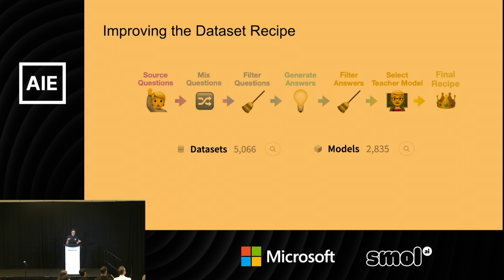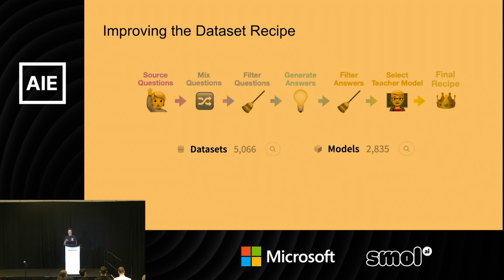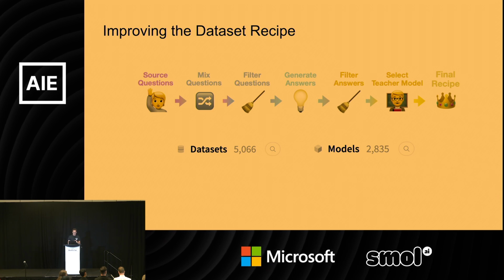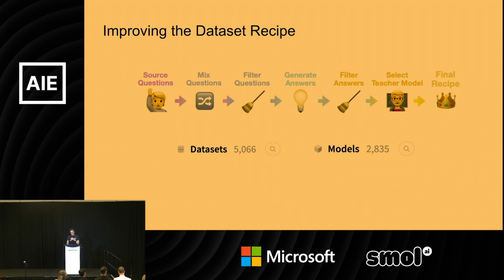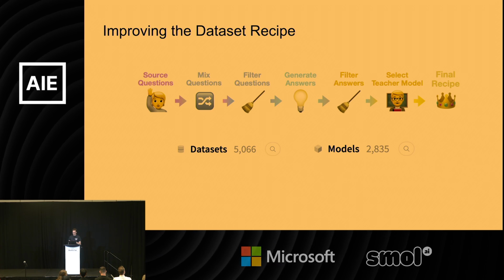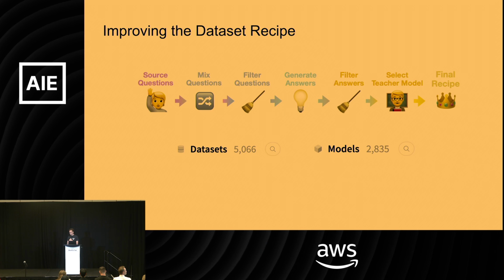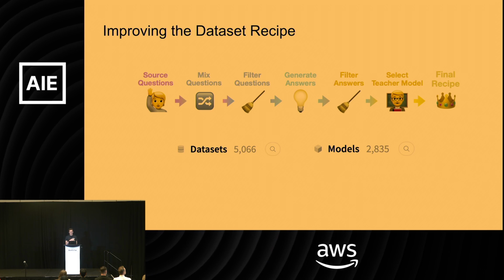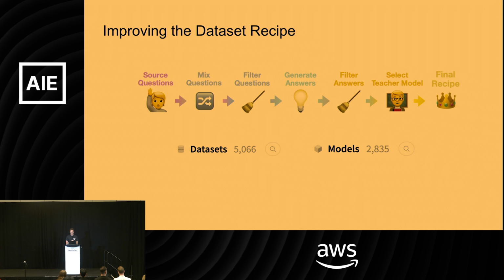Now, this was a ton of work. This is a screenshot of our Hugging Face page. You can see we created over 5,000 datasets and almost 3,000 models. For this project, it was only around 1,000 experiments, but just to give you an idea of how rigorously we looked at the different decisions in each of these steps of the pipeline.